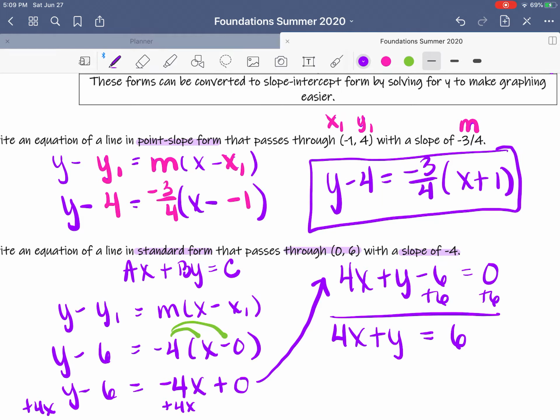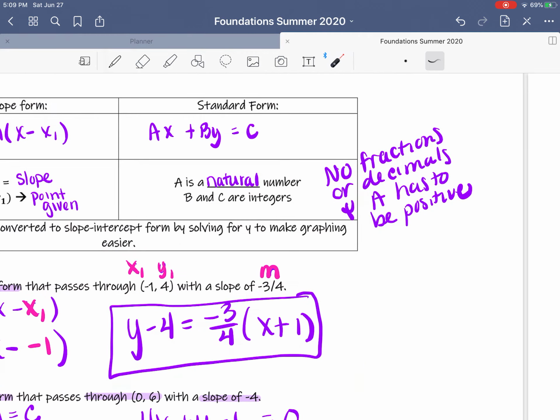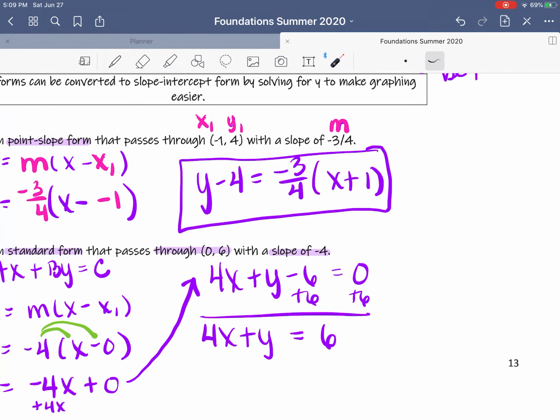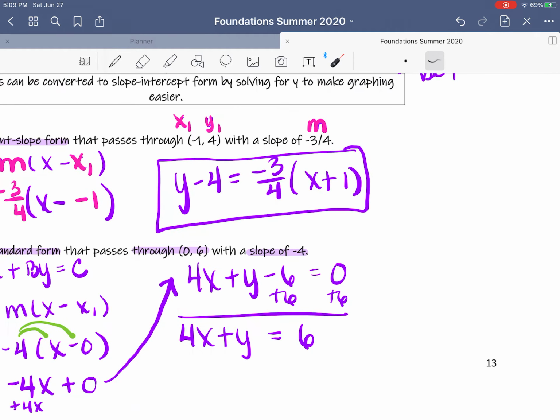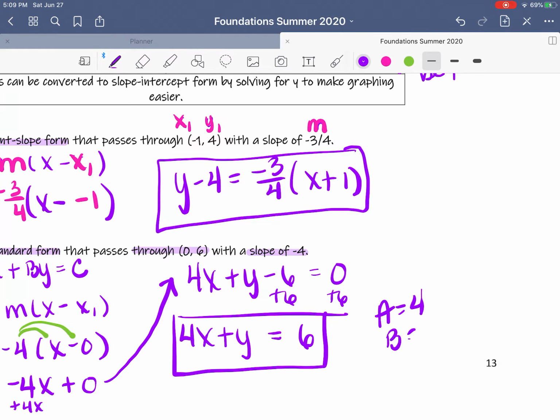Now at this point we need to make sure that we've passed all of our stipulations. It says for standard form, x and y have to be on the same side, no decimals or fractions, and A has to be positive. So it passes everything, and that means that's the answer, where A is 4, B is 1, C is 6.